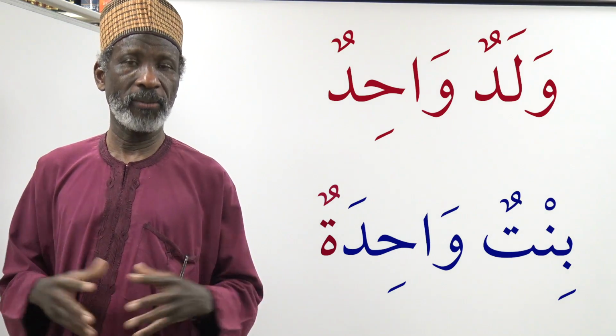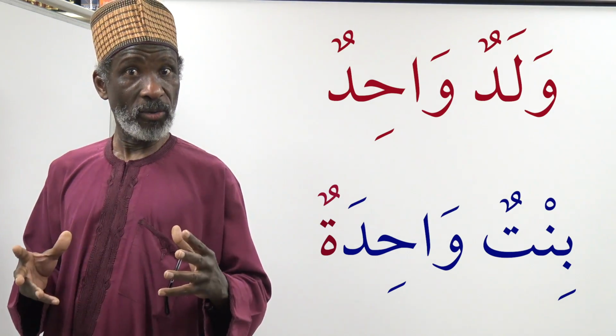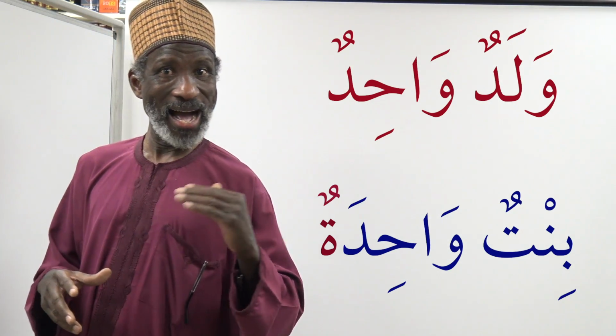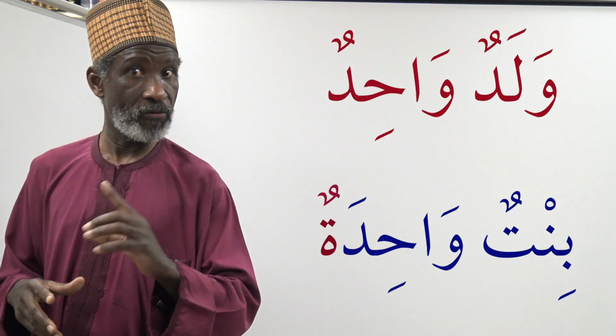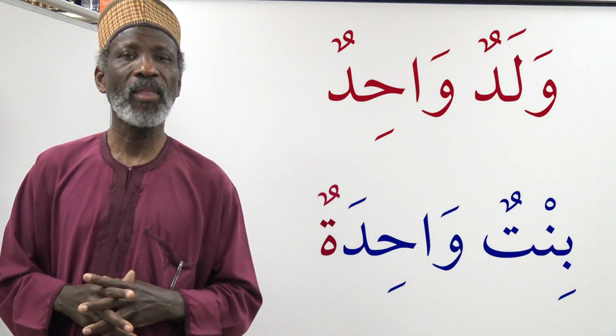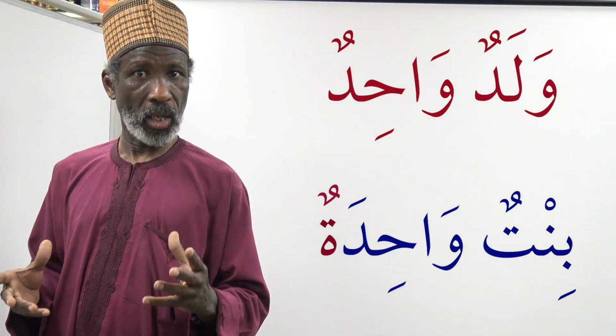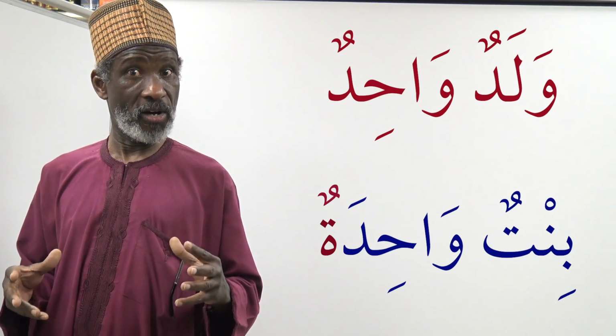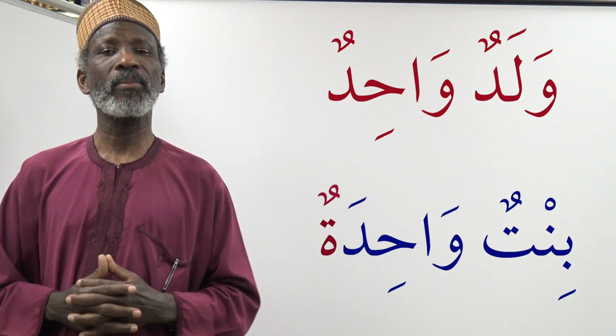It's a reinforcement. So waladun, that's a male, that's a child or a boy. Wahidun, that's a masculine version of number 1. Bintun, a girl. Wahidatun, and that's the feminine version of number 1.